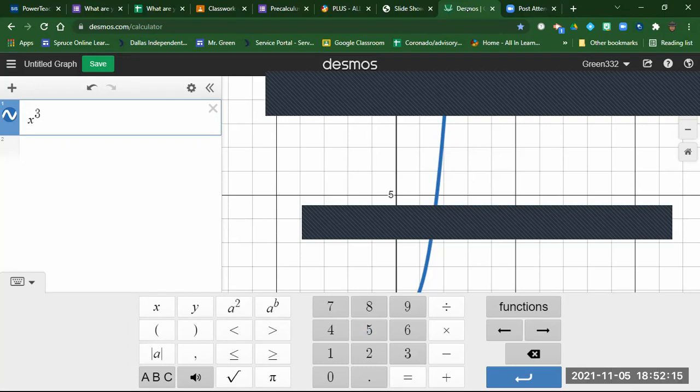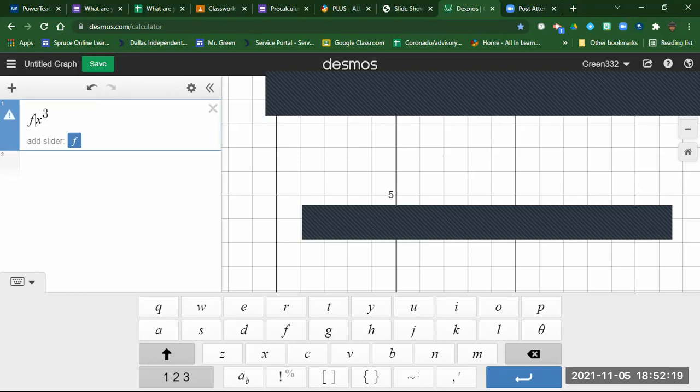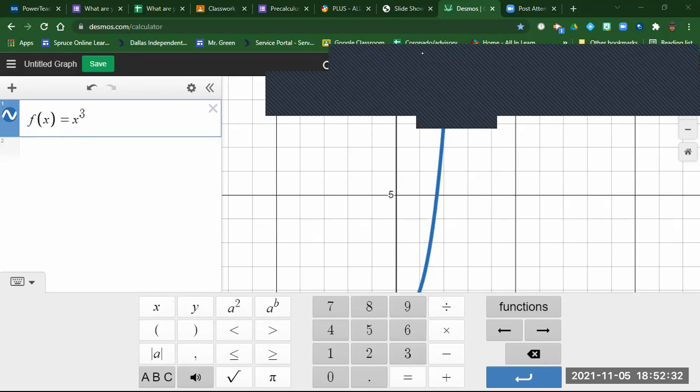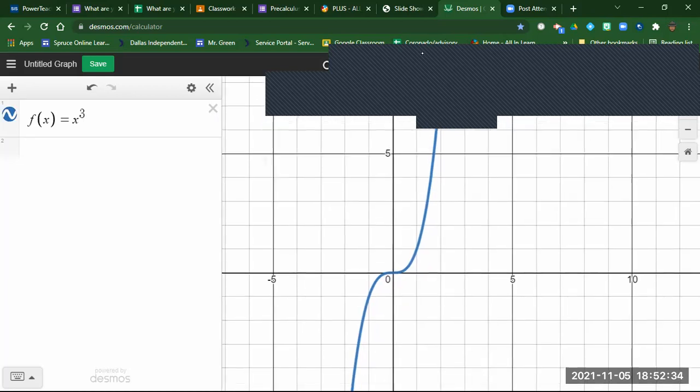If we want to actually see that, I'm going to do it this way. Let's just go ahead and define the function. Here it is, there's a function there.